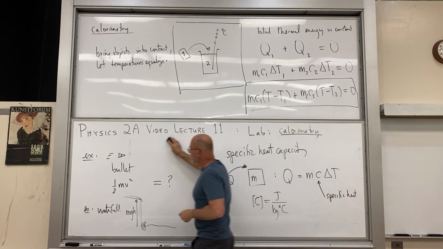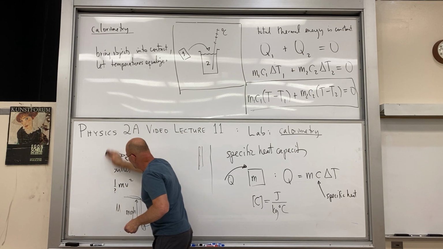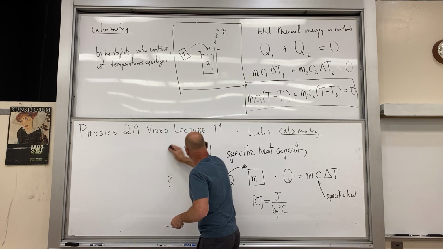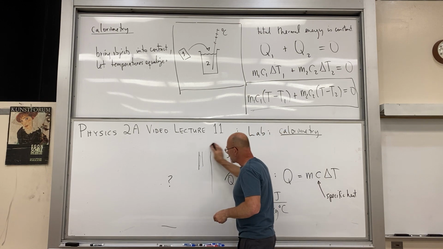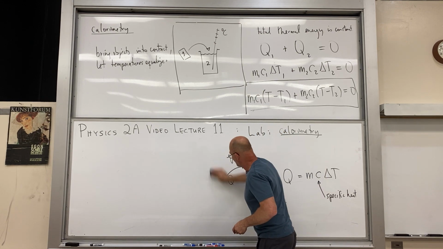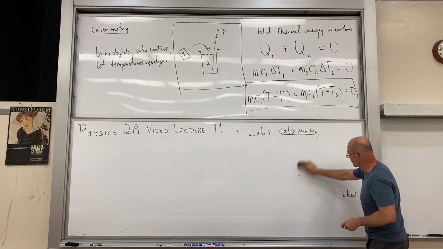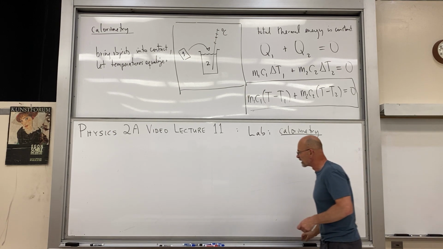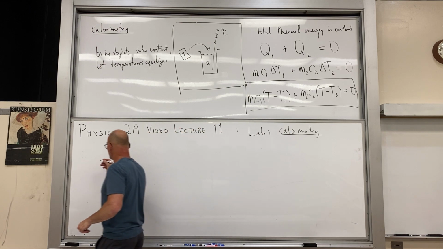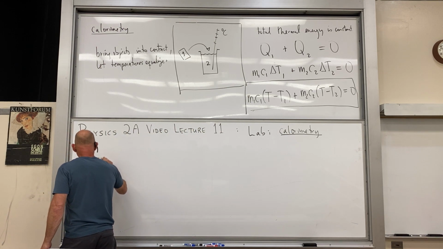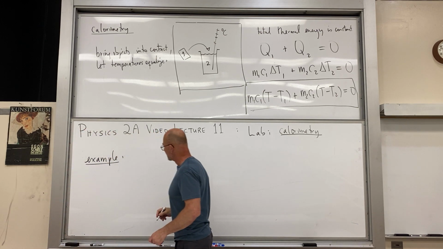Okay, so the example I want, first of all, is just mixing water. So mixing water of 2 different temperatures, different amounts of water, different temperatures. So that's a nice example. This is the kind I can put on an exam without fail.